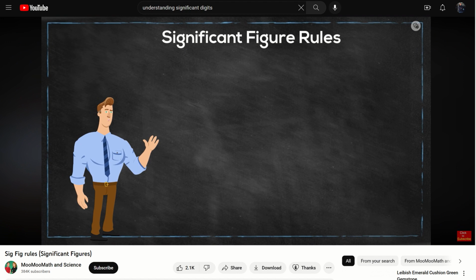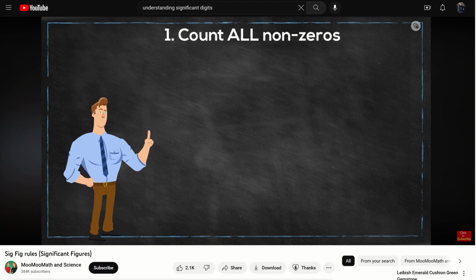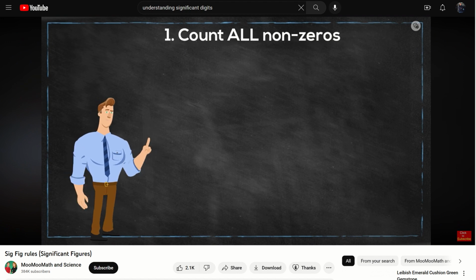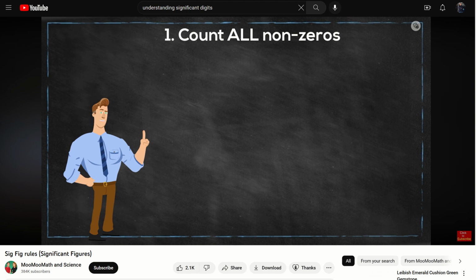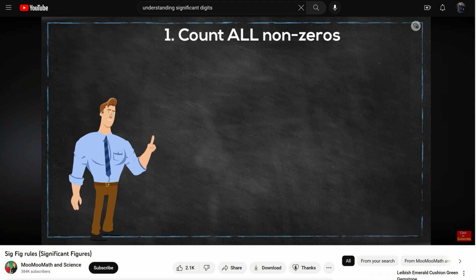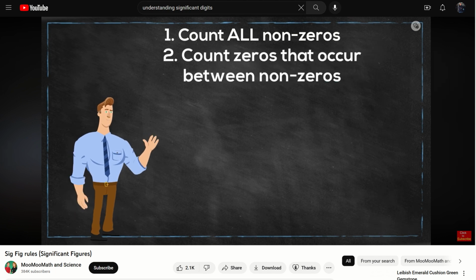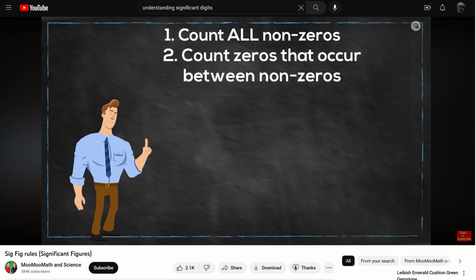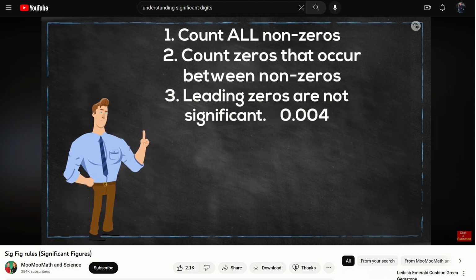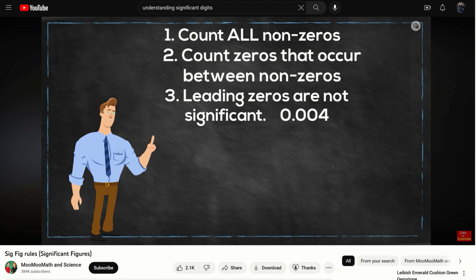First, the rules. Number 1, count all non-zeros. Like the numbers 2, 3, 4, 5 are all non-zeros. 2, count zeros that occur between non-zeros. 3, leading zeros are not significant.